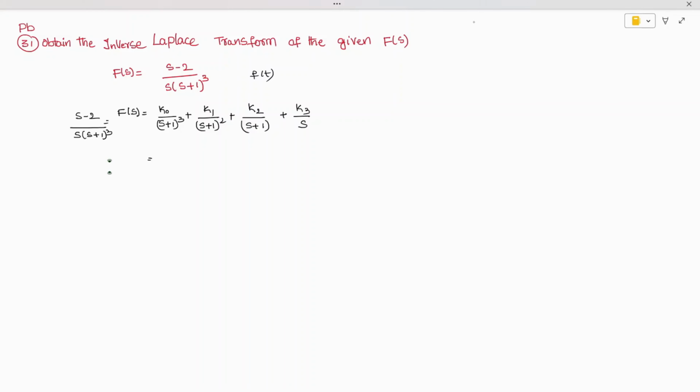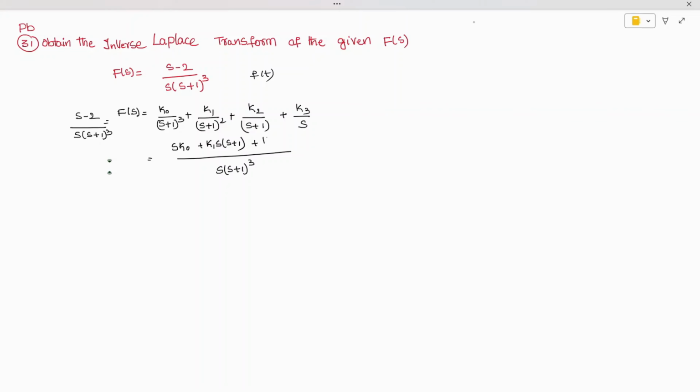So when you see this equation, the LCM terms are s into (s plus 1) whole cube. Okay, so here if you see this LCM, you are going to get s into k naught. Okay, so here you will be getting k1 into s into (s plus 1). So s square, s cube will cancel, you'll get s plus 1.